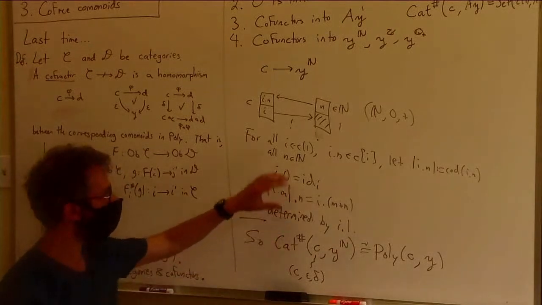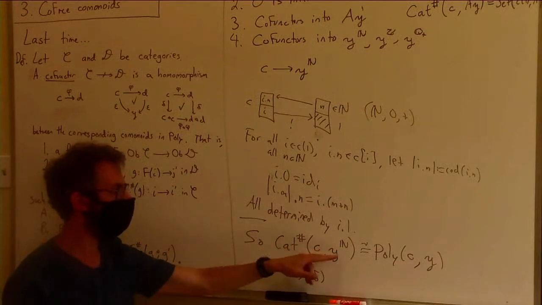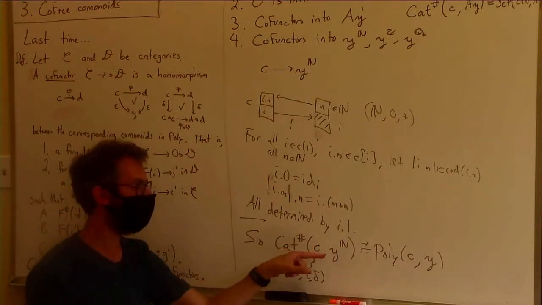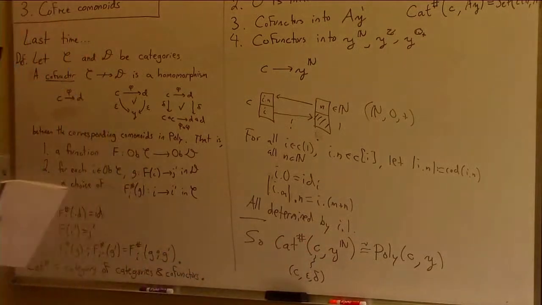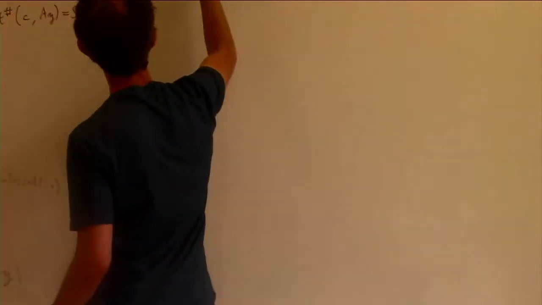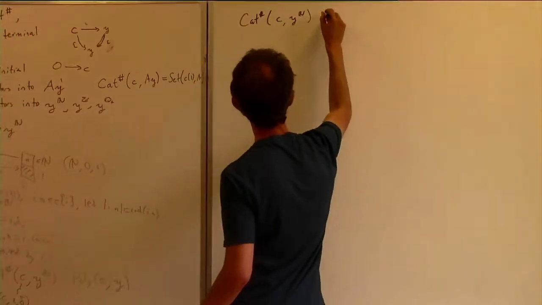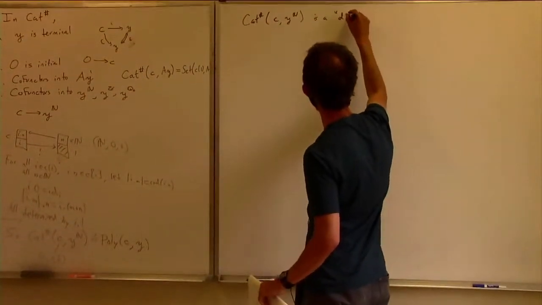But the point is, we can see why it's true because if we have a Cat♯ map like this, a cofunctor from C to y^N, it would be completely determined by where it sent the one guy. So what is this thing? It's kind of like a direction field. So Cat♯(C, y^N) is a direction field.